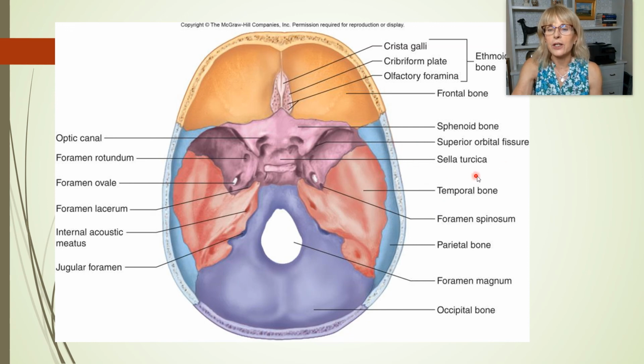The sella turcica literally means the Turkish chair. Turkish chairs you might see in some kind of a movie where they have people from the 1600s ruling the Middle East, and they sit in these chairs that are upholstered. Anyway, they thought it looked like that. The sella turcica is where your pituitary gland sits.